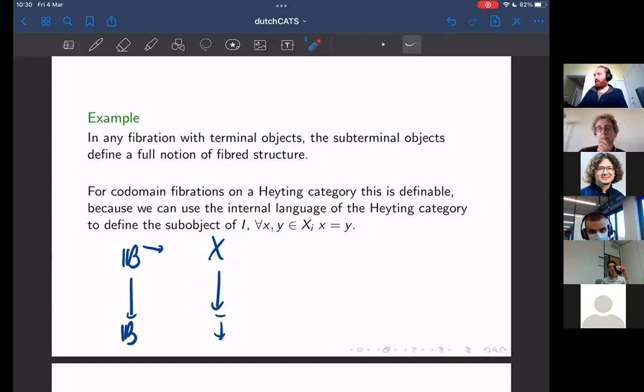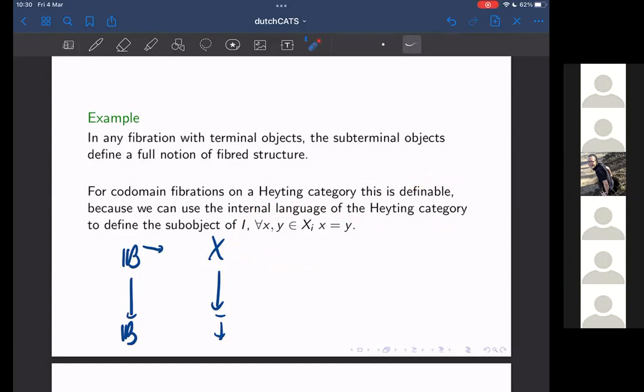An object is subterminal if any two of its elements are equal. In homotopy type theory, these would be called propositions or h-propositions. We can do this in our Heyting category, and here we're really using the internal logic to define this class of objects.